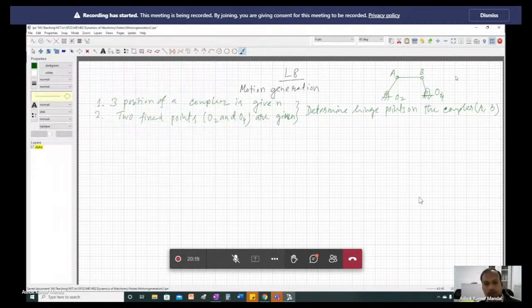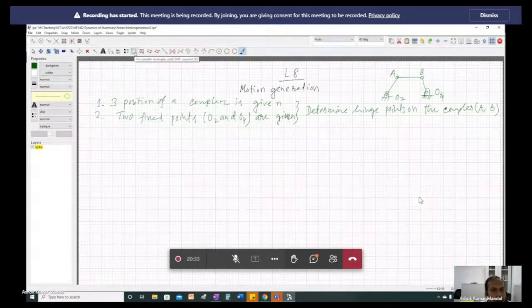Okay, now let us take some arbitrary position. We don't know whether a solution is possible for that or not, but let us take three arbitrary positions of a coupler. So I am drawing a coupler here.